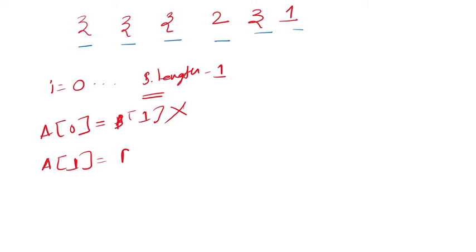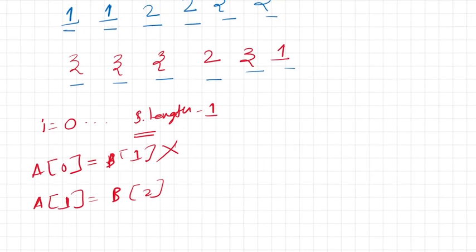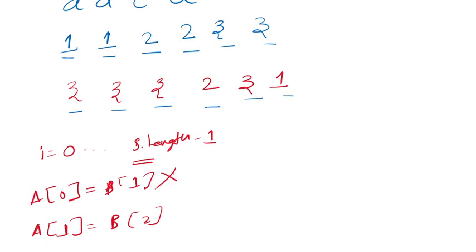A1 is equal to B2, is it the case? No. A2 is equal to B3. A2 is 2, B3 is 2.